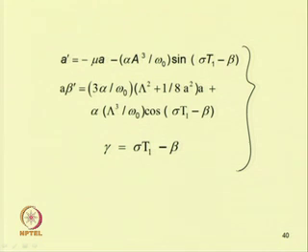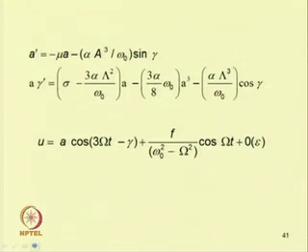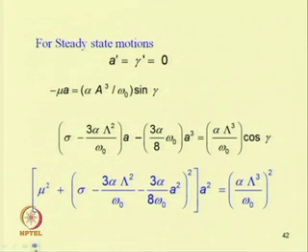By solving for the steady state solution, as the steady state is not a function of time, the time derivative terms would not be present in the system. So, by putting A dash equal to 0 and beta dash equal to 0, we will have a set of equations.